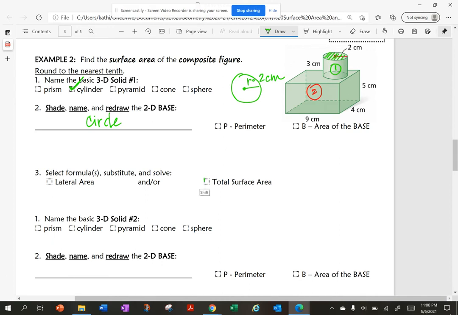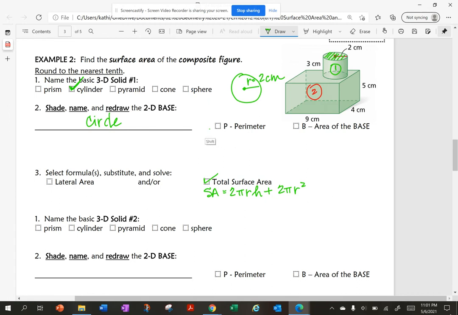I just want to find the total surface area. So the formula for the total surface area of a cylinder from my foldable is 2 pi r times h plus 2 pi r squared.